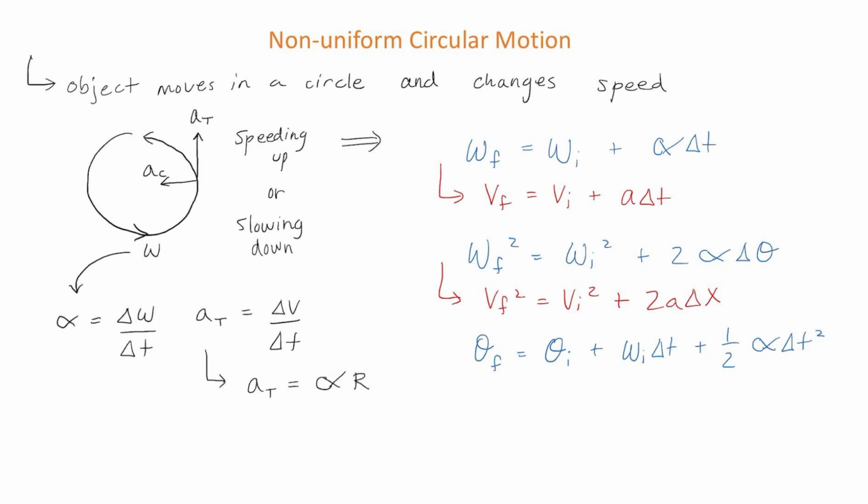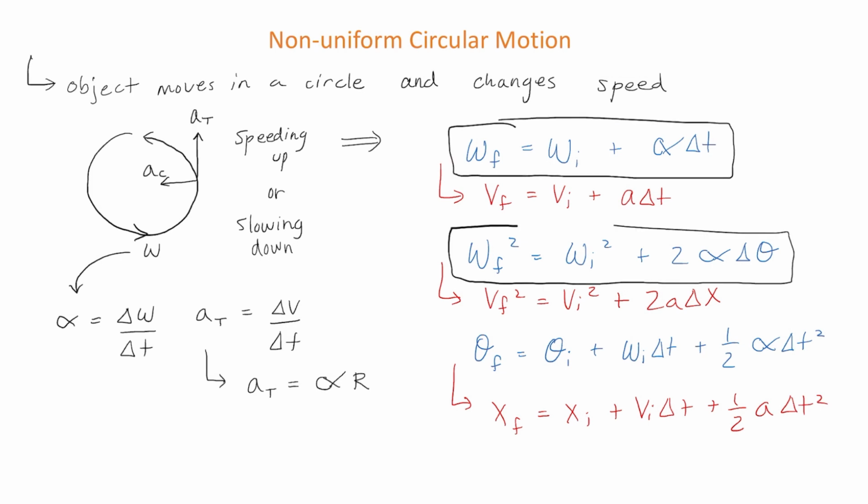And the final equation says that the final angular position is equal to the initial angular position plus the angular velocity times delta t plus 1/2 the angular acceleration times delta t squared. And this is just like our xf is equal to xi plus vi delta t plus 1/2 a delta t squared kinematic equation.